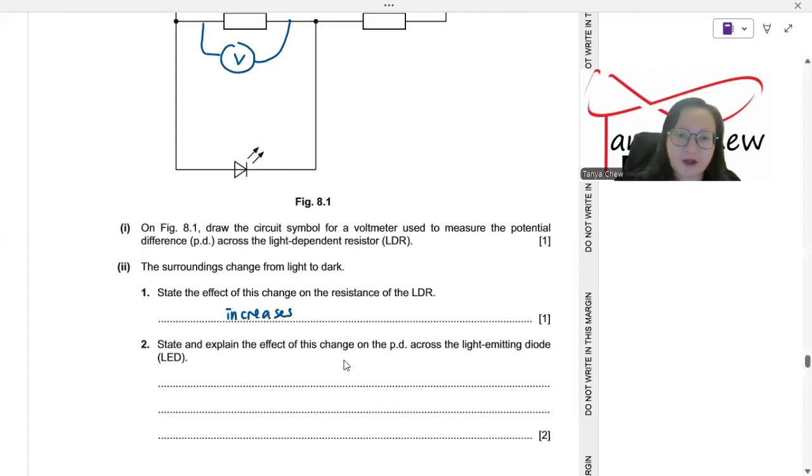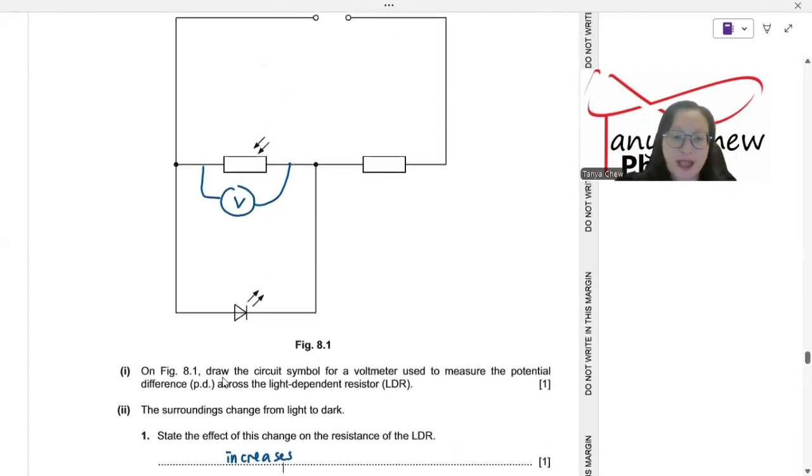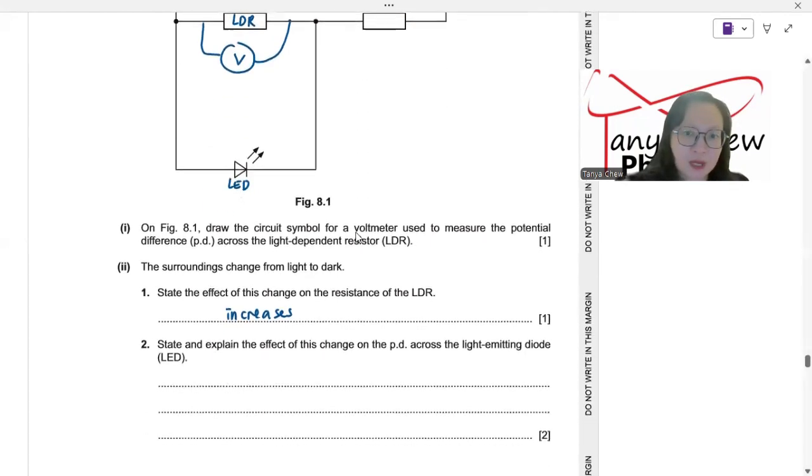State and explain the effect of this change on the PD across the light-emitting diode. What to do with the LED? Look at the LED and LDR. Okay, I better label this. This is the LDR. This is the LED. The LED and LDR are connected in parallel.